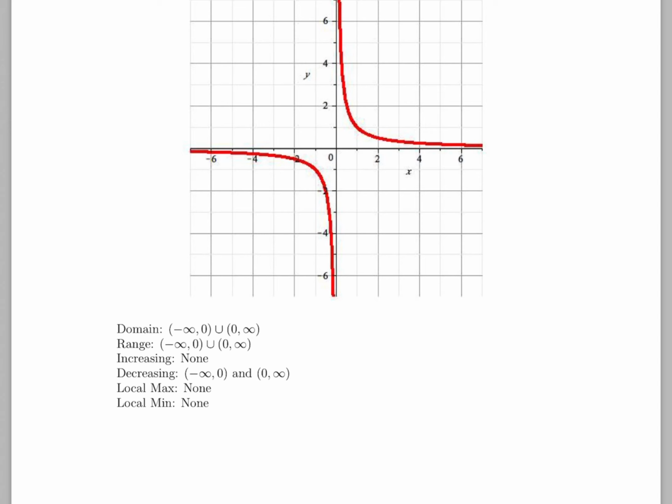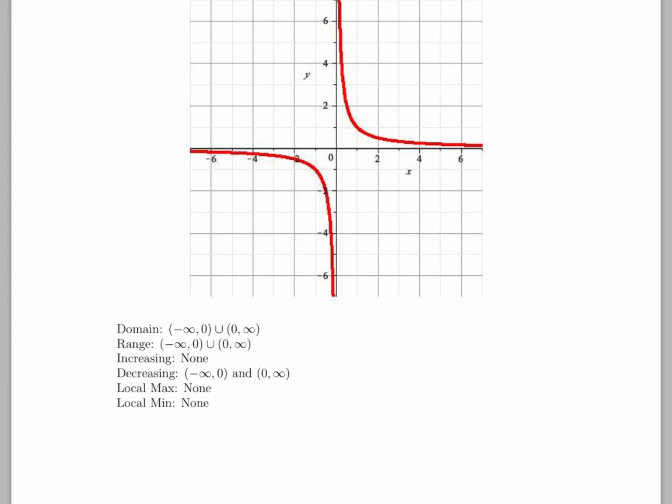And finally, we have the basic reciprocal graph. That is where I take a value and then I find its reciprocal. So for example, if I took x is equal to 2, its reciprocal would be 1/2. I cannot have the reciprocal of x is equal to 0 because that would mean that I would be doing 1 divided by 0.